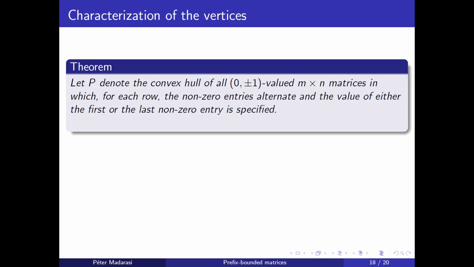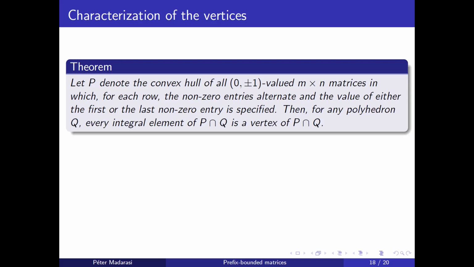The requirement is that the non-zero entries must alternate in every row. And we also need to specify the value of the first non-zero entry, either at the beginning or at the end. This is the requirement, not its position, but just its value.